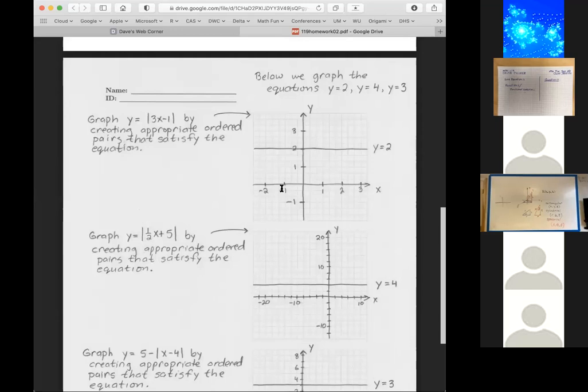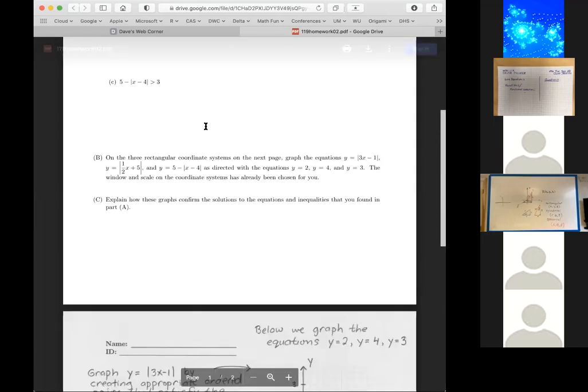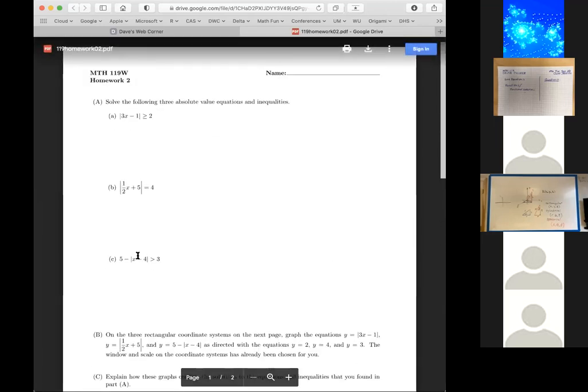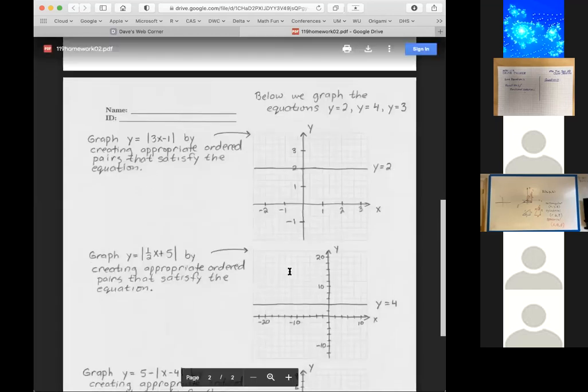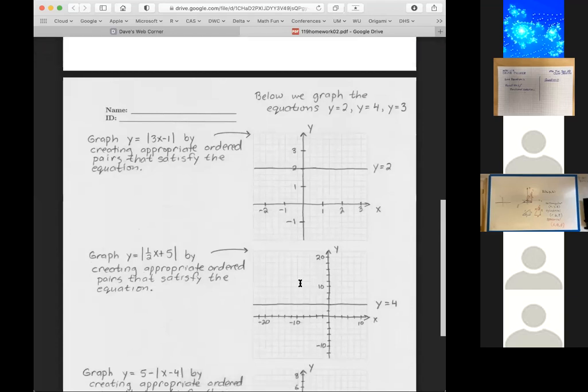It's a question that you're going to answer briefly in English. You don't have to write a novel, but there must be some obvious connection, after you draw these, between the answers to these inequalities and equations you found and what the graph is showing you. And that's what I want you to describe.